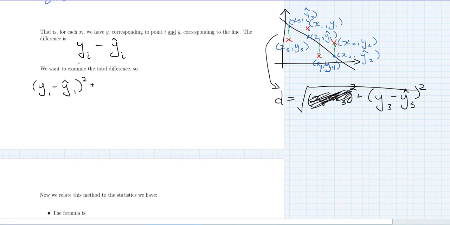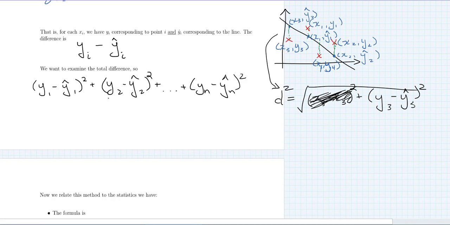Okay, so what we're actually looking at is the square of the distance for all of these points at the same time. Okay, so it's y1 minus y1 hat squared plus y2 minus y2 hat squared, and let's just say we have n data points. And in the case of this example, there's 4.